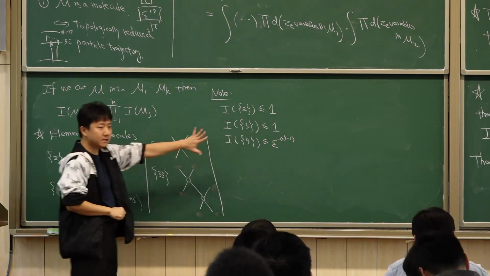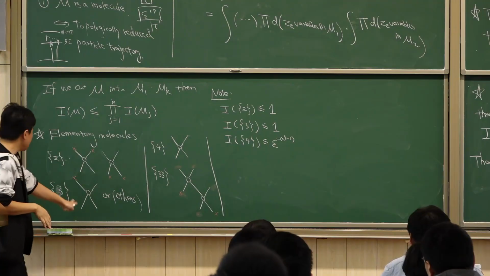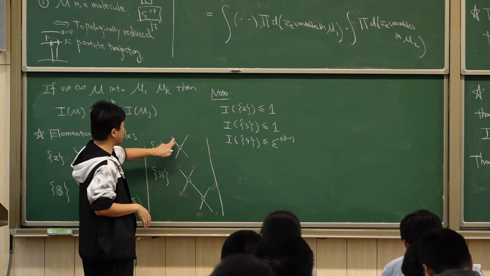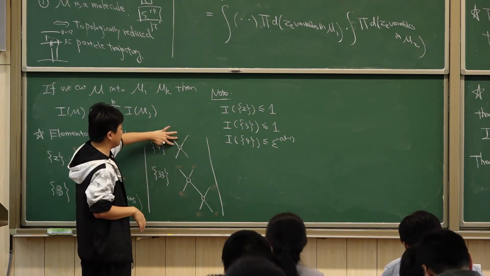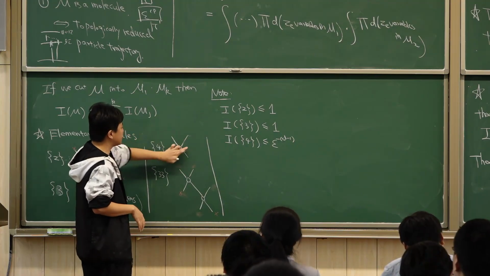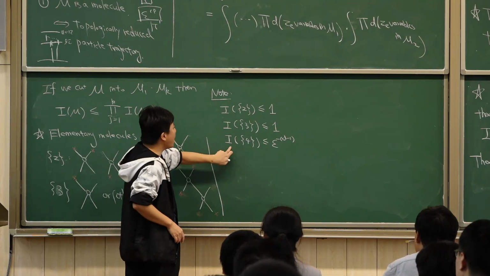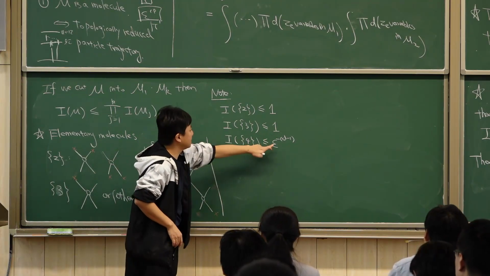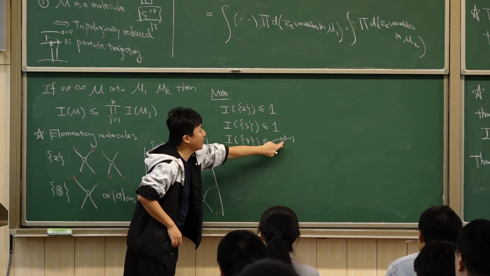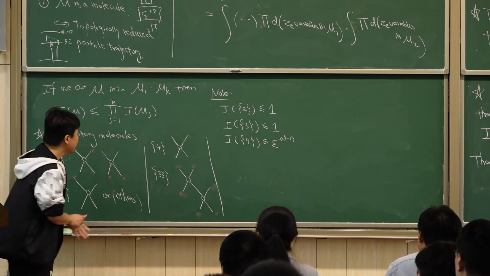And this is a bad case, a degree 4. If you do the same thing, the integral is still of size 1, because this integral is over 3 variables, you can fix them, you can integrate them arbitrarily, and the rest has epsilon to the d minus 1. But then if you compare with the negative power of epsilon in front, you are getting epsilon to a negative power in total. And this is a bad case.